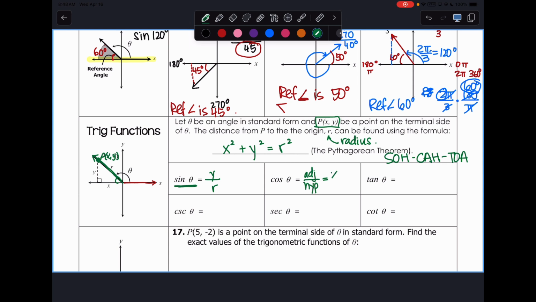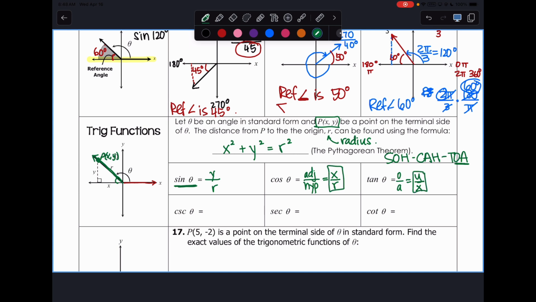X over R. Are you doing okay? Give me a so-so, no good, or yes, I'm tracking exactly what you're saying. Okay. All right. So tangent is, what is it? Opposite over adjacent, which makes it y over x. Okay, so far so good?